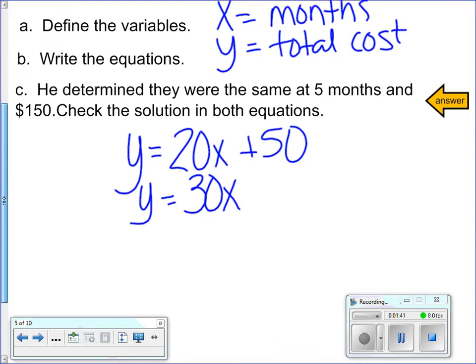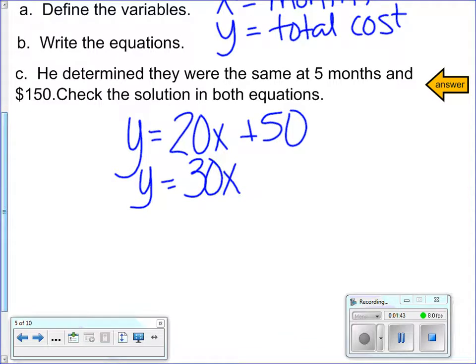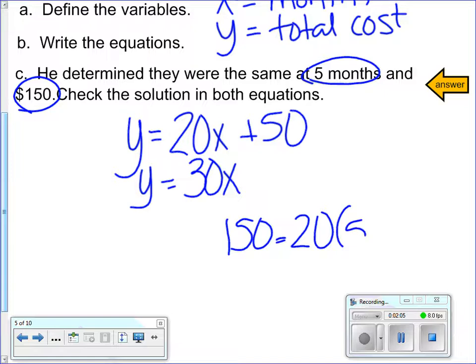Now he determined that they were the same at 5 months and $150. So I want to plug those values back in and make sure they work in both equations. Here's the x and there's the y. The first one is 150 equals 20 times the 5 months plus the $50.